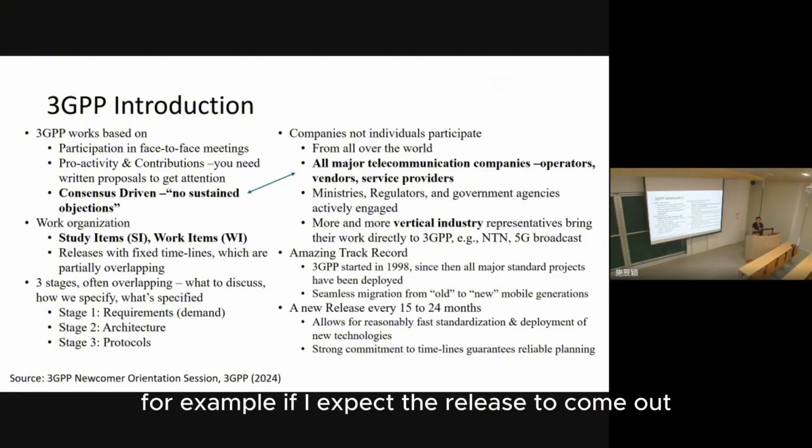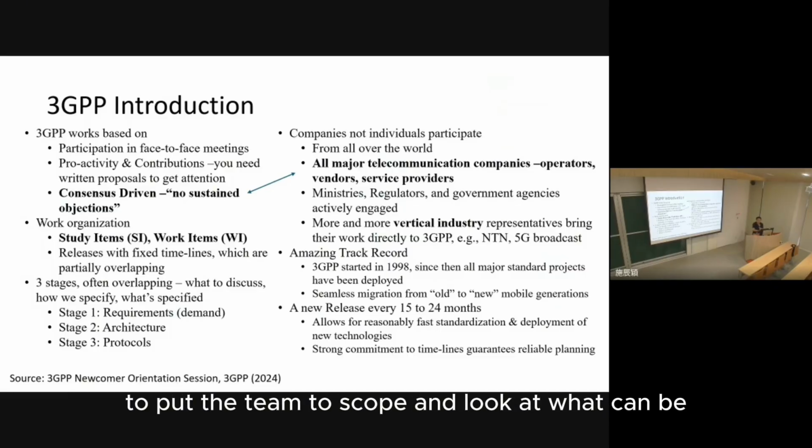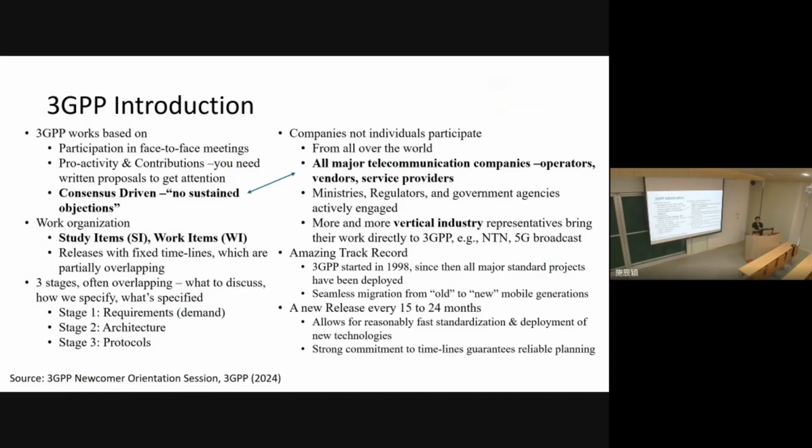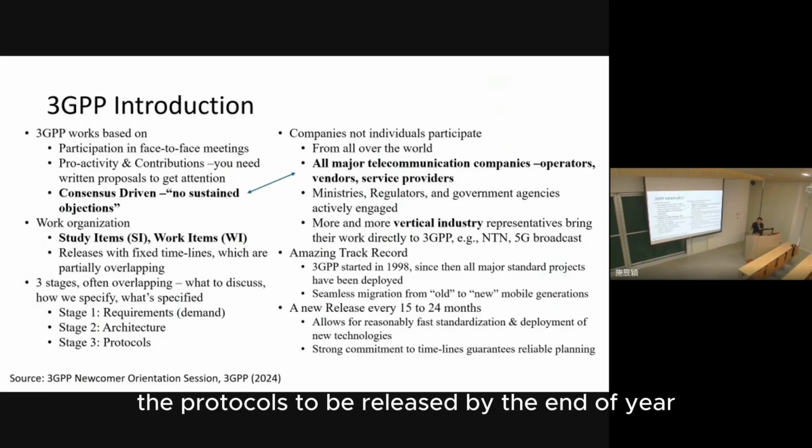For example, if I expect the release to come out at the end of this year, then I'll probably start to put the team to scope and look at what can be standardized and what can be the protocols to be released by the end of the year, probably starting in the second half of the year. So I get some understanding.